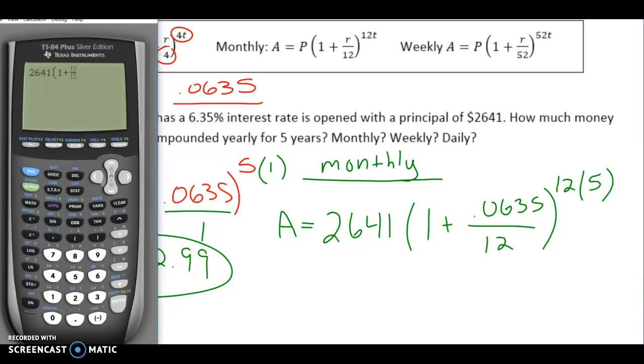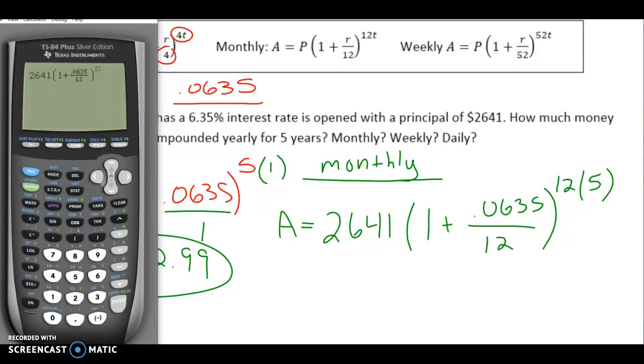I get the same thing as you. And hit 0.0635. And now see the arrow flashing? If you want to go to the bottom of the fraction, you have to hit the down arrow or the over arrow and divide by 12. Hit the over arrow again to close your big parenthesis. We good so far?